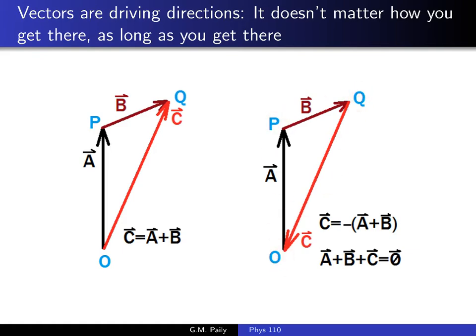So A plus B plus C is just 0. That is not true in this case. A plus B is equal to C. If we did A plus B plus C here, we would have to put the tail of C at the head of B, and that would take us further off, up and to the right.